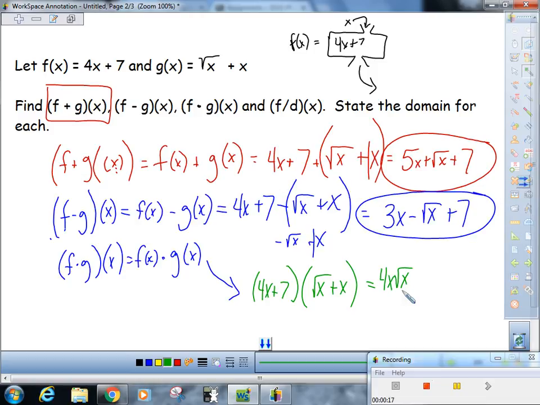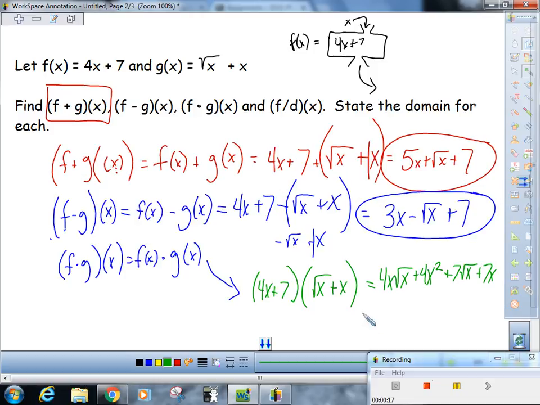We're going to go on. 4x times x is 4x squared. 7 times radical x is 7 radical x. And 7 times x is 7x. And I don't think any of those are like terms.